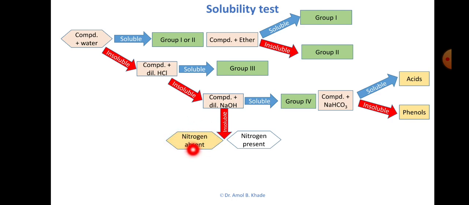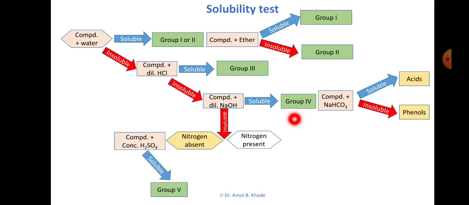In such a case, if your compound is insoluble in dilute NaOH and nitrogen is absent, then you can take a fresh test tube and try to dissolve your compound in concentrated sulfuric acid.